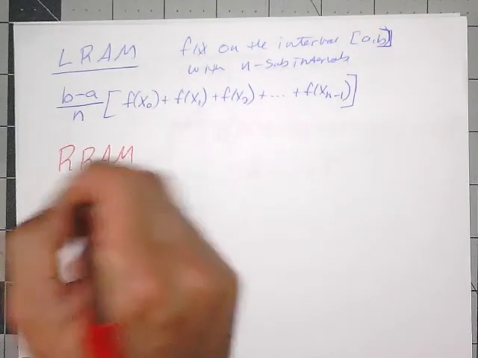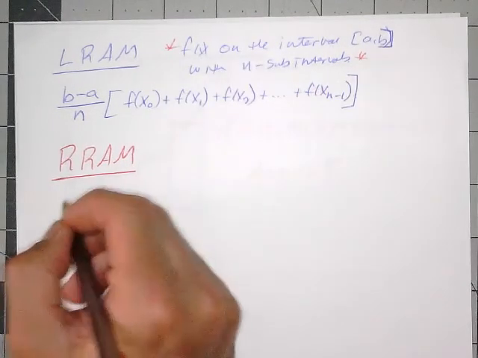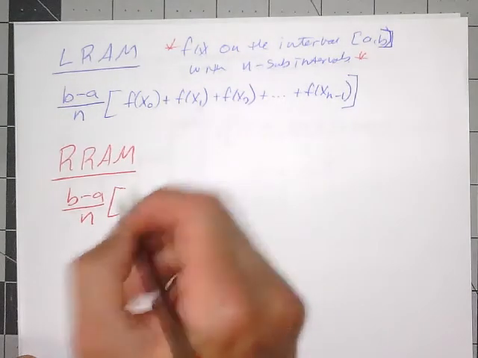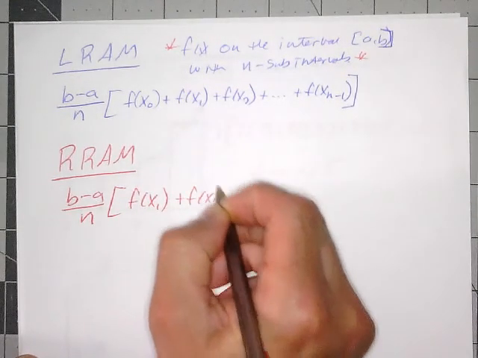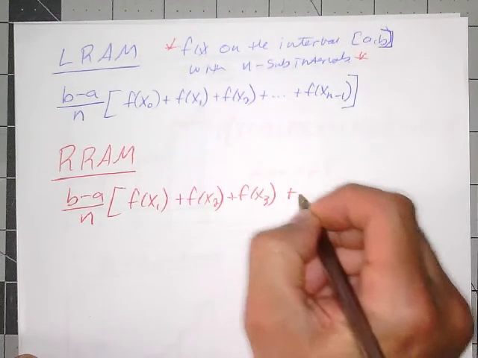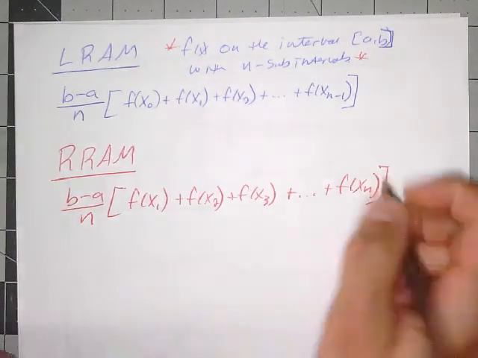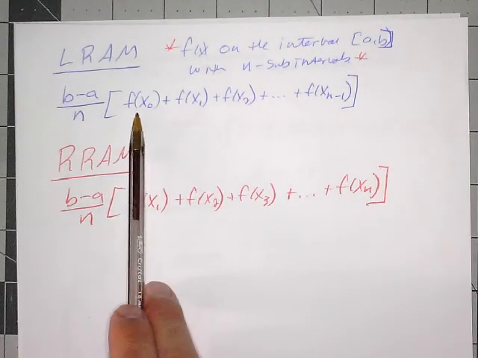The right rectangular approximation method, you still have b minus a over n, only now it's going to be f of x sub 1, f of x sub 2, f of x sub 3, plus f of x sub n.